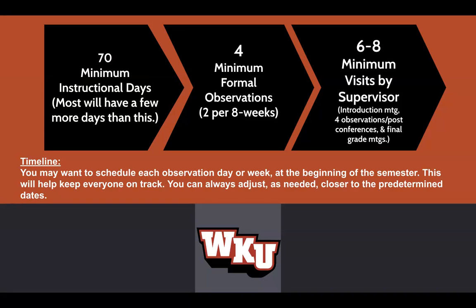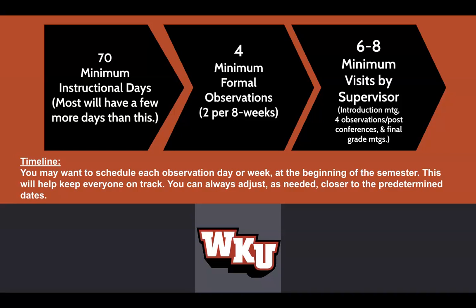That would be smart if you want to schedule your post-conference with them right after the observation. But if you can't, you could Zoom in with them, or do that separately. And then there are those midterm and final grade meetings that you want to have with the mentor teacher and the student teacher at the end of both 8 weeks.